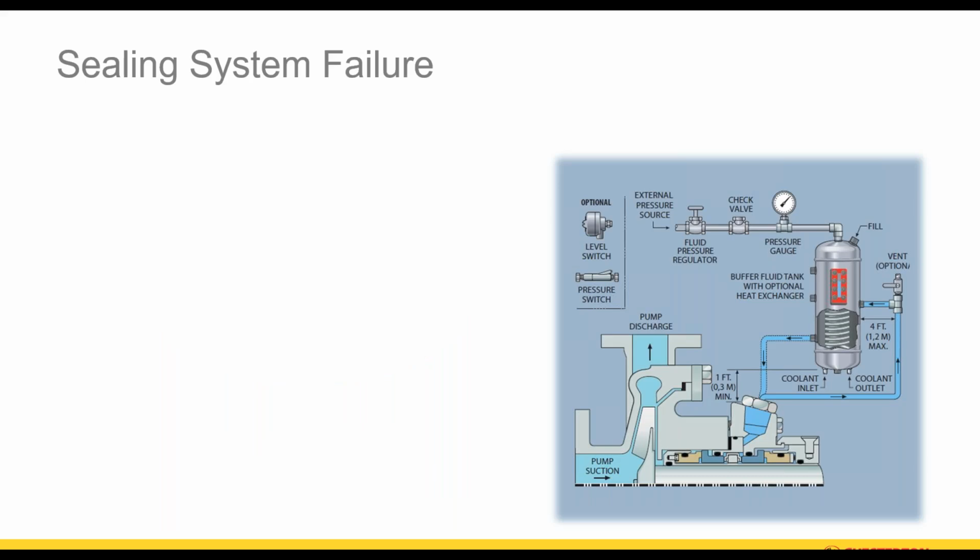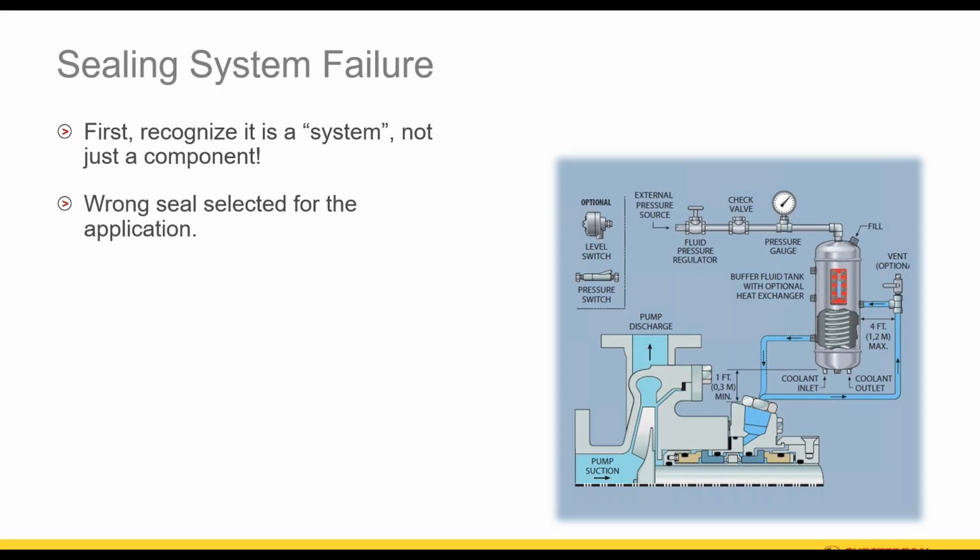So the other thing to think about is, we're talking about a sealing system here. It's not just the mechanical seal. It's important to take a systems approach. It's not just the component, it's part of the system. One of the issues with failure is, was the right seal selected for the application in the first place?